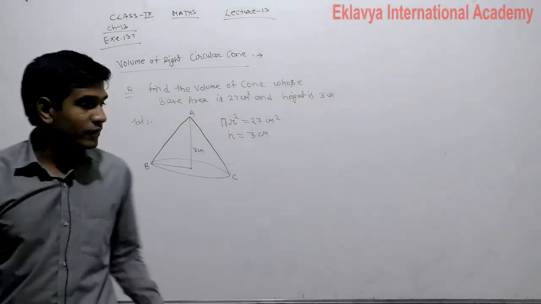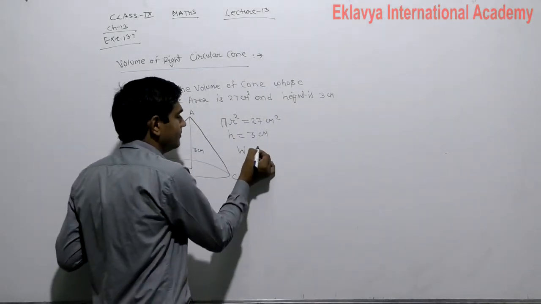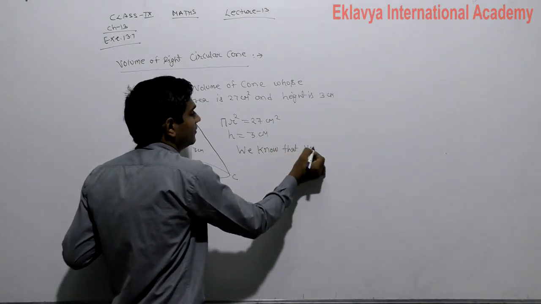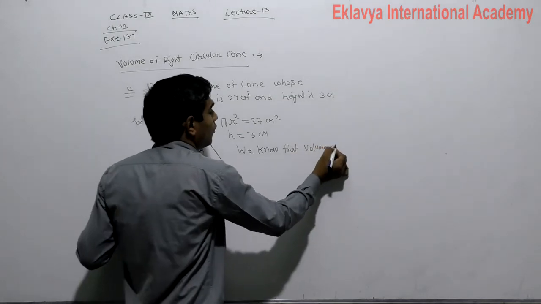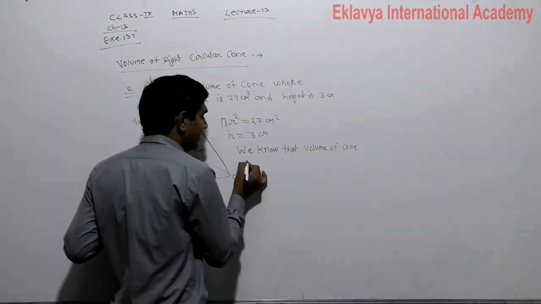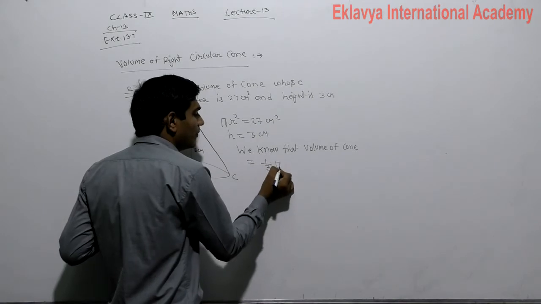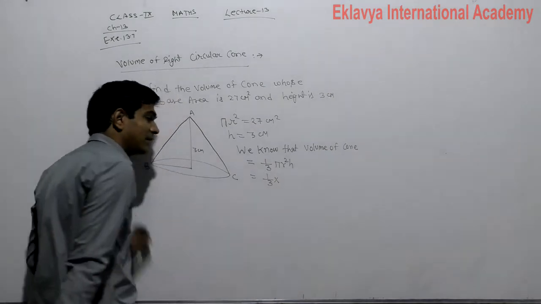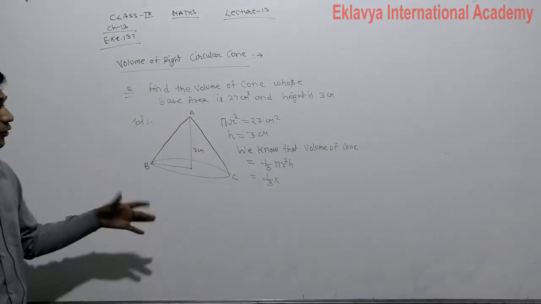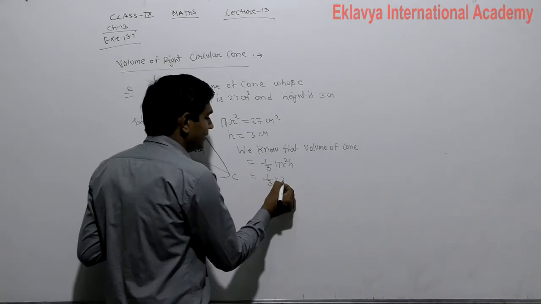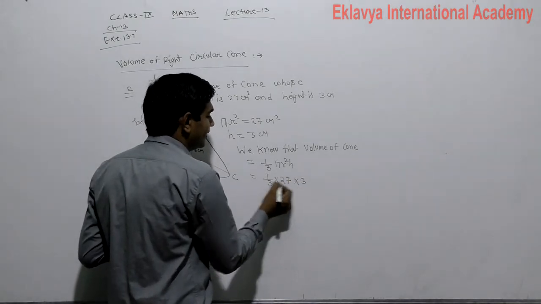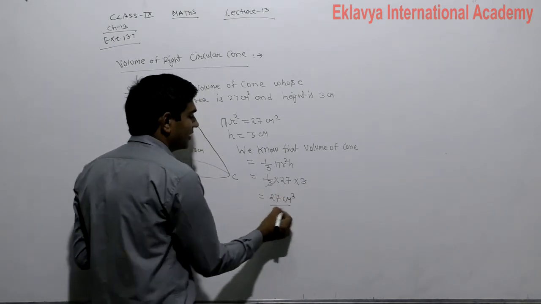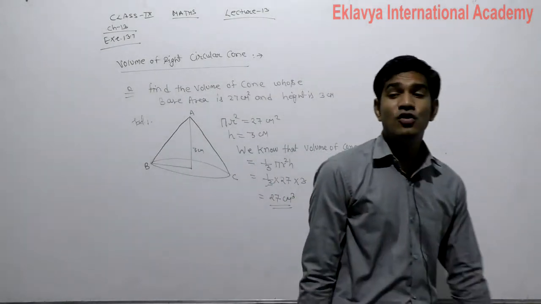Now we know that volume of cone is equal to 1 upon 3 pi r square h. What is the value of pi r square? 27 multiplied by 3, the 3 cancels, 27 centimeter cube. So that is the volume of the cone.